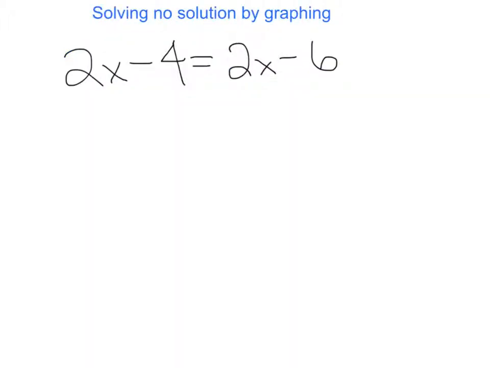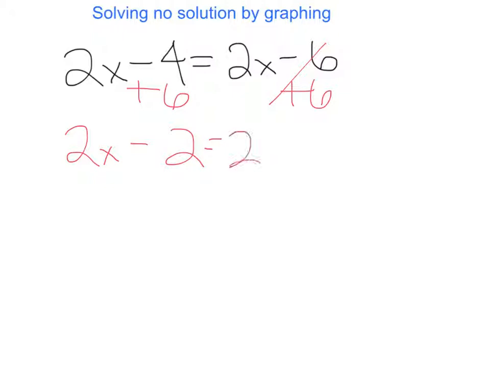Here's another example solving for no solution by graphing. You first want to add 6 to both sides. So we have 2x minus 2 equals 2x. As we simplify, we would subtract 2x from both sides, which would give us -2 equals 0.